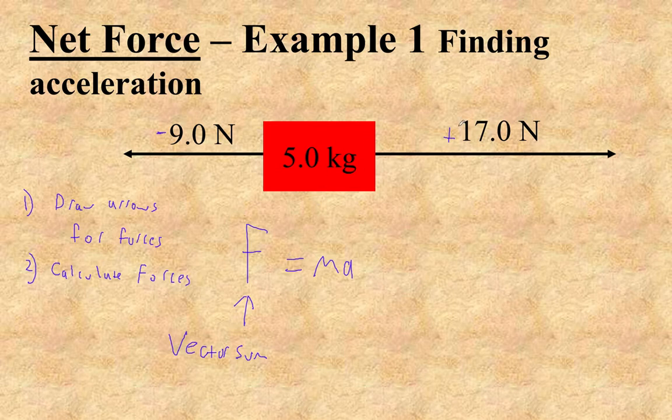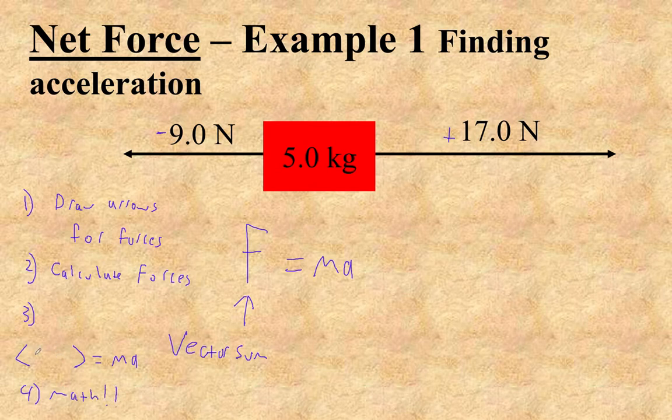Pretty soon we're going to do things where, for example, there's a force down, and that'll be the force of gravity, and you can calculate it. Or one could be the force of friction, and we can calculate that. So calculate what the forces are. And then step 3, just set up a vector sum of all the forces equals ma. And then step 4, do math.